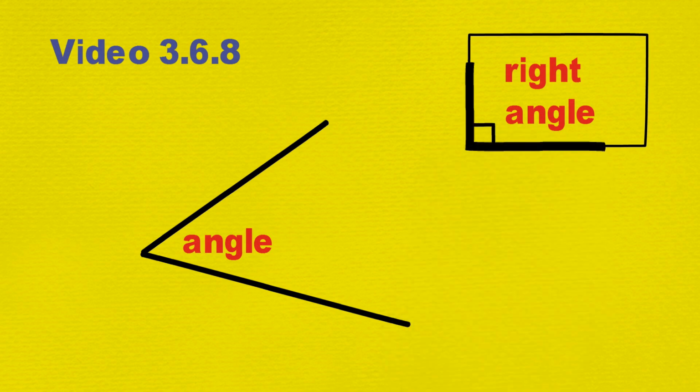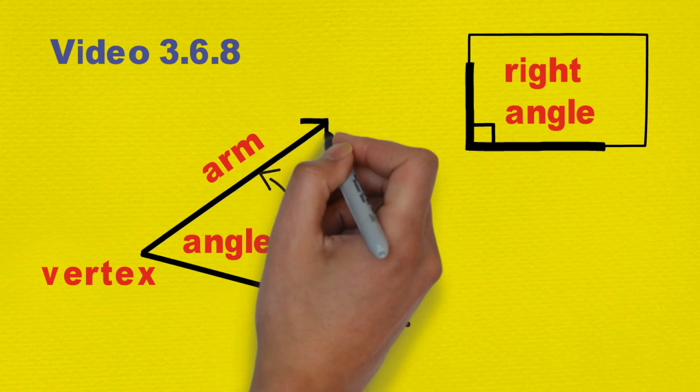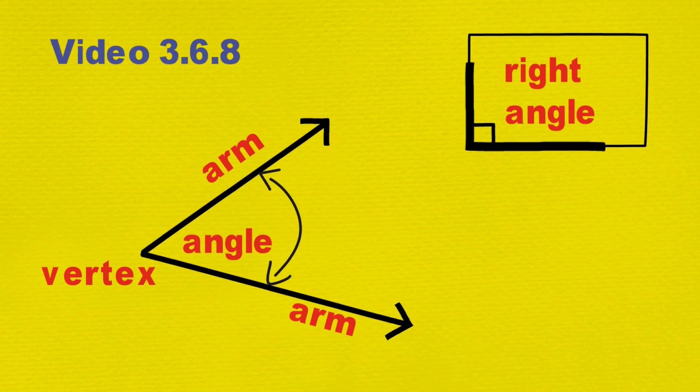The point where the two lines or arms of the angle meet is called the vertex, and the size of the angle measures how far apart the arms have turned from each other, like the hands of an analog clock.